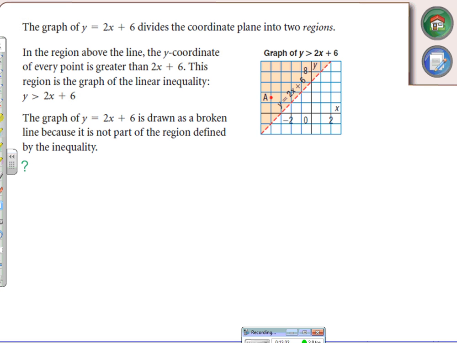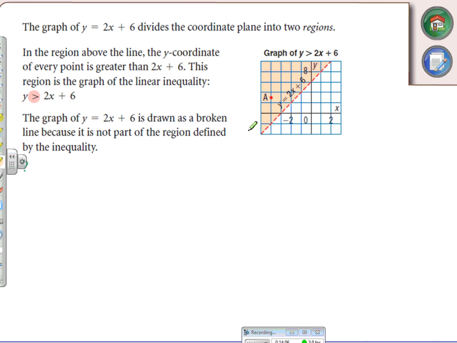The graph of a line divides the coordinate plane into two different regions. The region above the line, the y-coordinate of every point is greater than the 2x plus 6 are. This region we say above is greater than. So when you're above the line, you're greater than. Notice this now. The graph is drawn as a broken line because we're not going to say it's equal to.